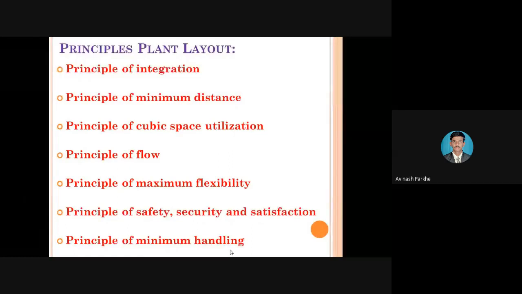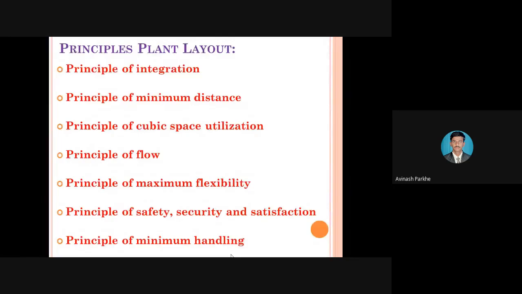Sometimes, as per the requirements, if I have to take one component from one machine to the second, the equipment is not required. A simple component I have to take from machine 1 to 2, so in that case the operator can be used. But wherever some heavy duty or medium duty components are there, they should be handled by equipment.